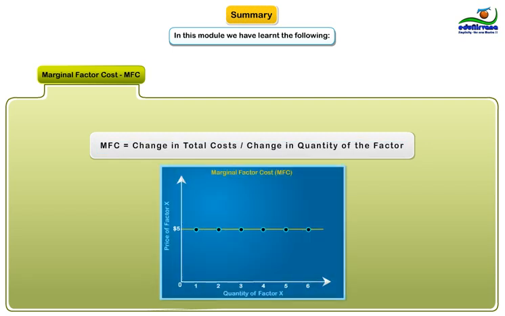For a firm that is a price taker, the marginal factor cost MFC curve, the firm's factor supply curve, would be horizontal, flat, or perfectly elastic, as shown in the exhibit.